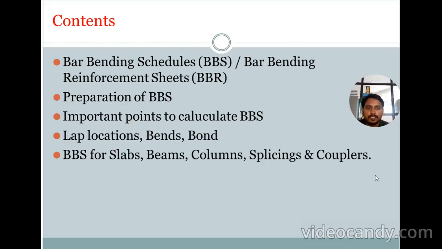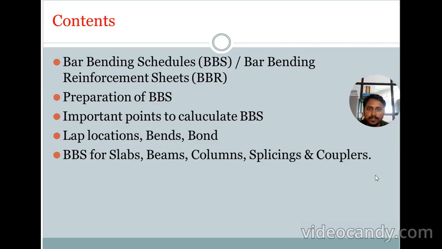Now, first let us discuss what is meant by bar bending schedule. This concept is in reinforced cement concrete work. Generally, reinforced cement concrete work is divided into two categories: one is concrete work, the second is steel work.